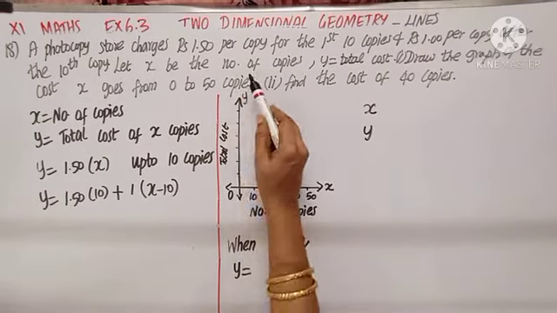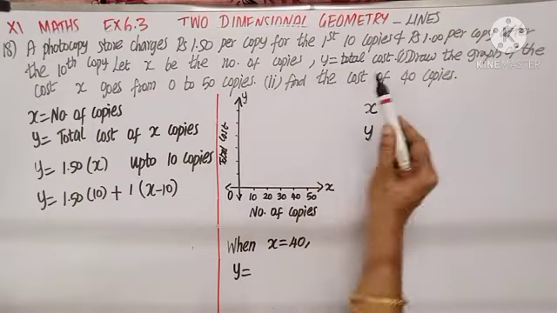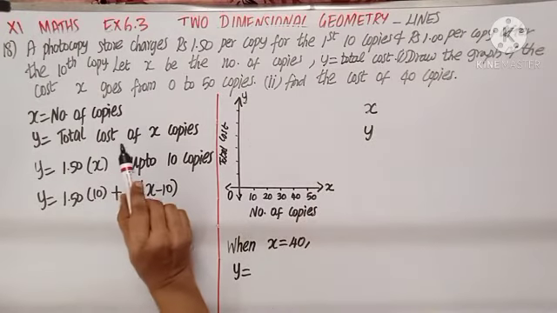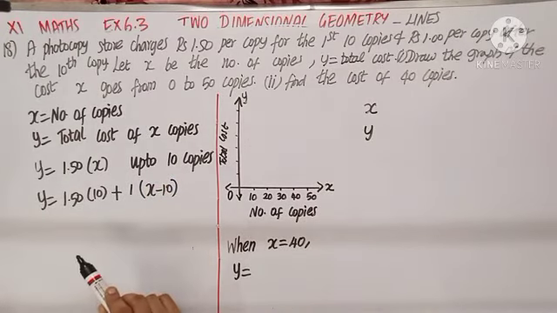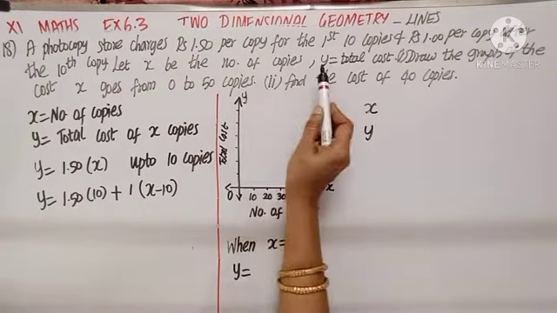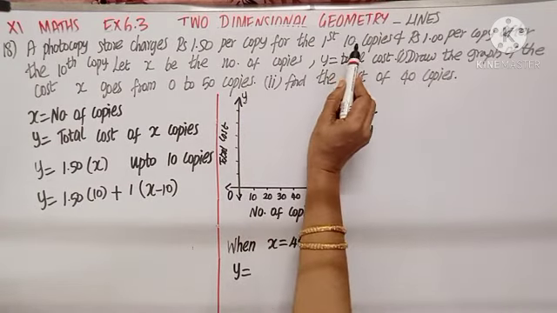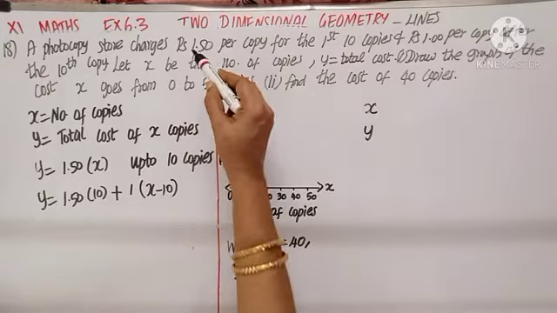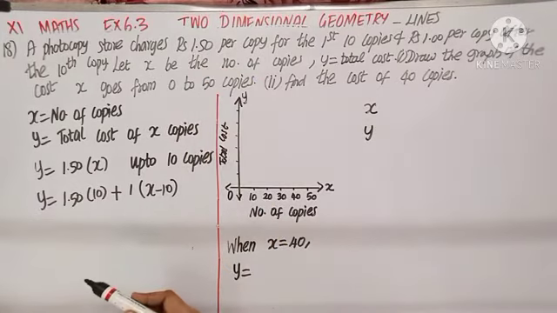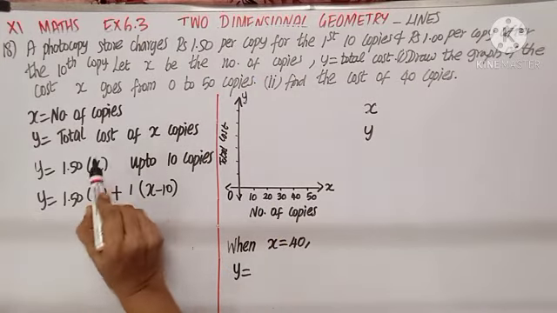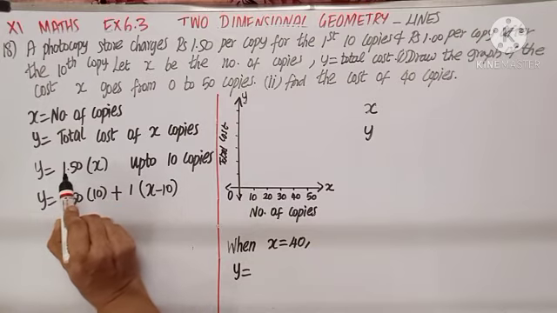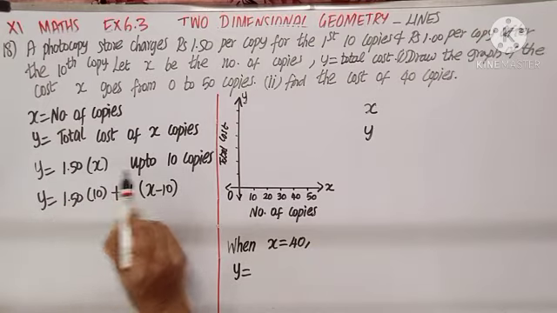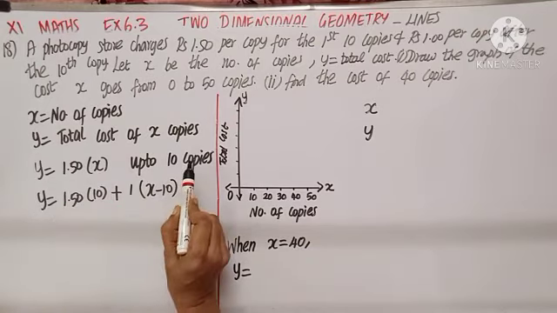As I read the problem, X being the number of copies and Y being the total cost of X copies, there is a variation. Up to 10 copies, the cost is 1.50. So, if X is the number of copies, it is X into 1.50 up to X value being 10.